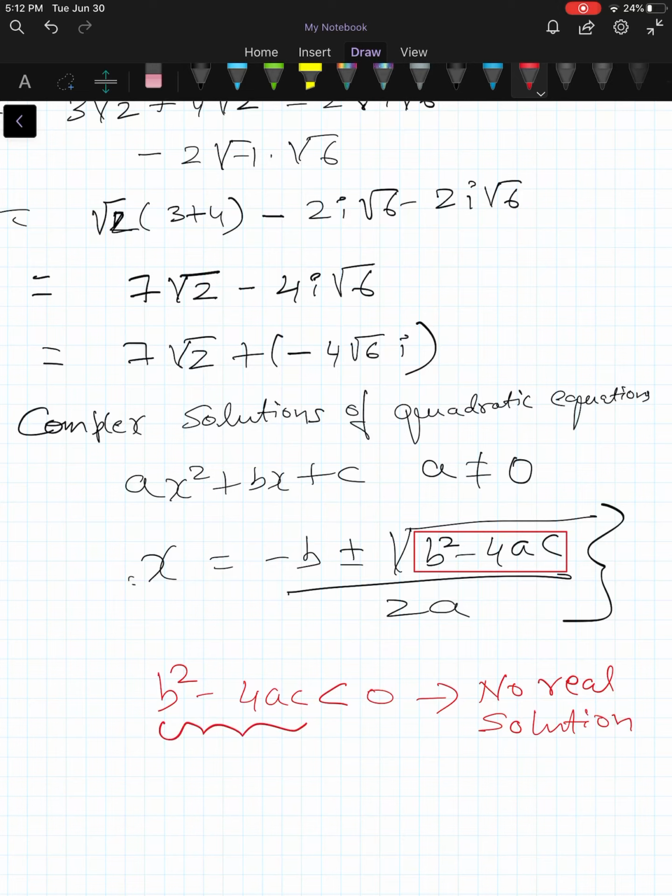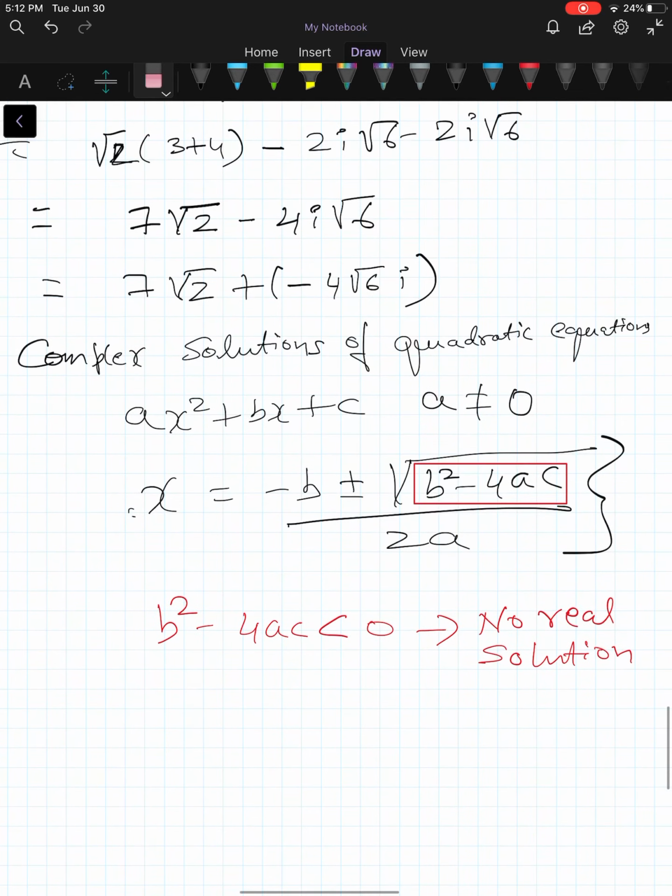I think this is called the discriminant, or I have forgotten what they call it. Okay, now moving further, we will solve certain quadratic equations using the given formula.